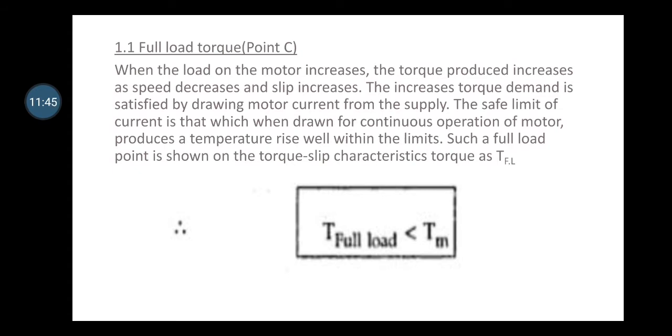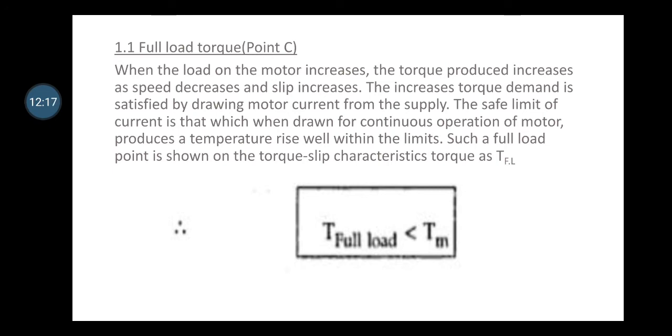When the load on the motor increases, the torque produced increases as the speed decreases and the slip increases. The increased torque demand is satisfied by the motor drawing current from the supply. The safe limit of the current is that which, when drawn for continuous operation of the motor, produces a temperature rise well within the limits.